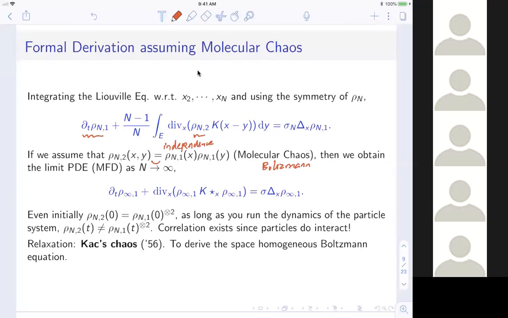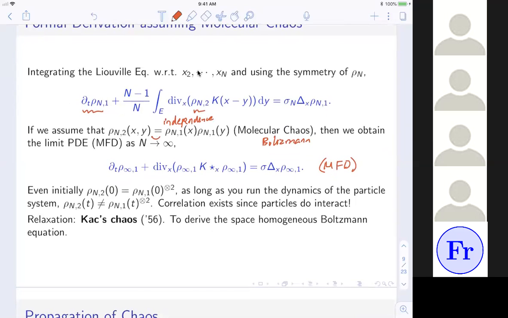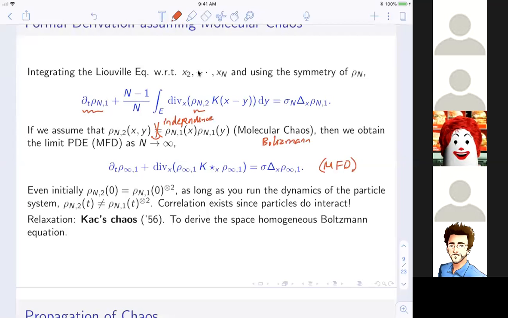So we have this limit PDE, which is just the mean field dynamics. But those assumptions are not true, because these are interacting particles.